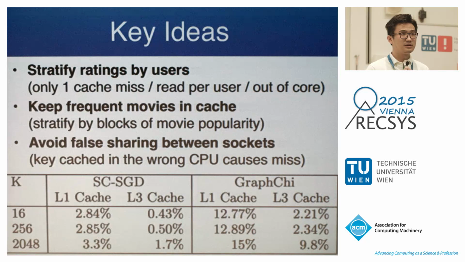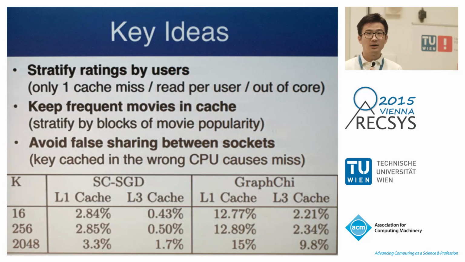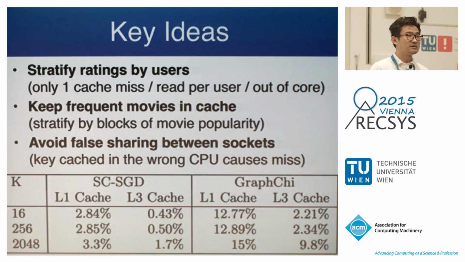In this case, for each iteration, we only have one cache miss for each user, along with some very low-level system optimizations, like how to avoid different CPUs writing the same cache line. This table is a result from a cache profiler, compiled with our algorithm, cache efficient SGD, and GraphChi on a single machine.